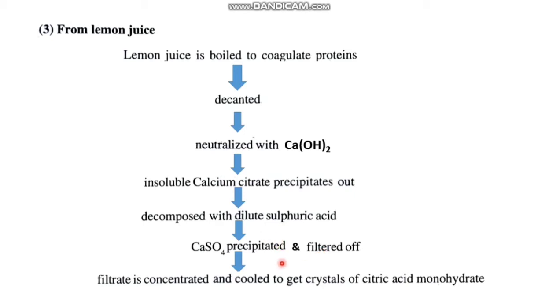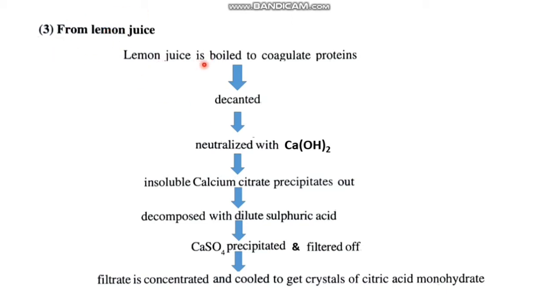After filtration, the filtrate is concentrated and cooled to get crystals of citric acid monohydrate. So from lemon juice also we can prepare citric acid.